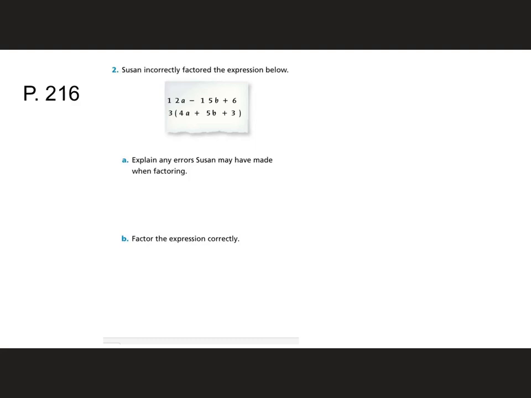On page 216, number 2, Susan incorrectly factored the expression below. She had 12a and negative 15b and positive 6. She factored out a 3.